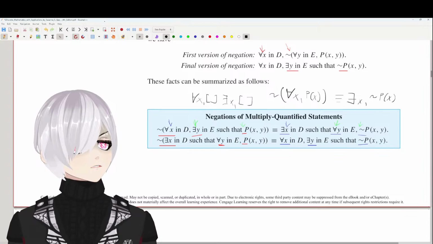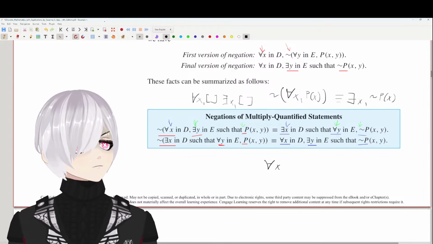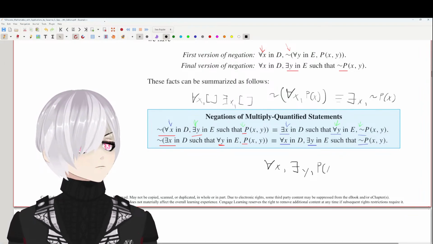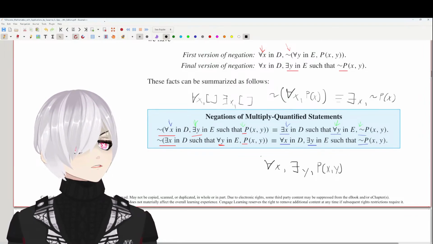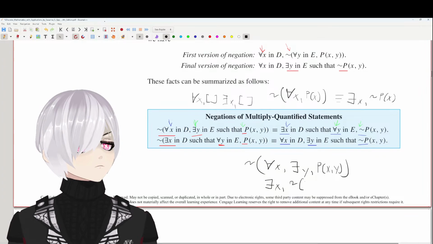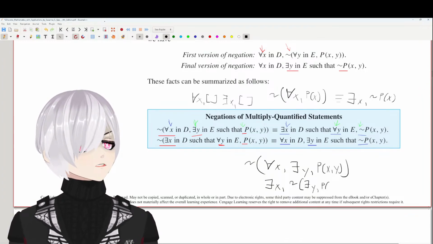Okay. So if we have for all x, and then in the scope we have for some y, p of x, y, and we wanted to negate it, then we would turn the for all into a for some x and negate its scope, which would look like this.